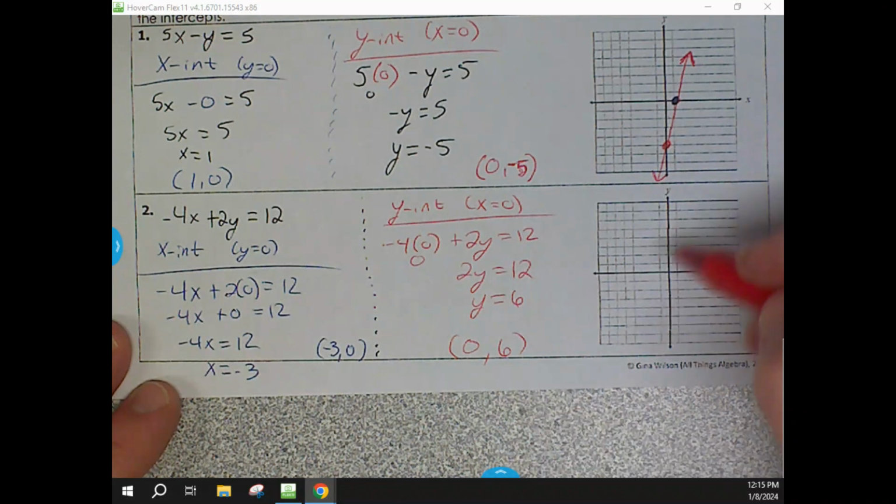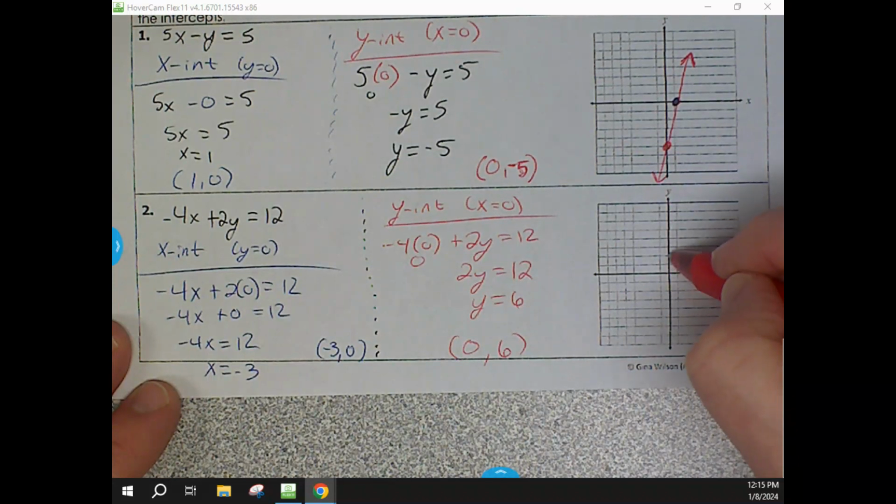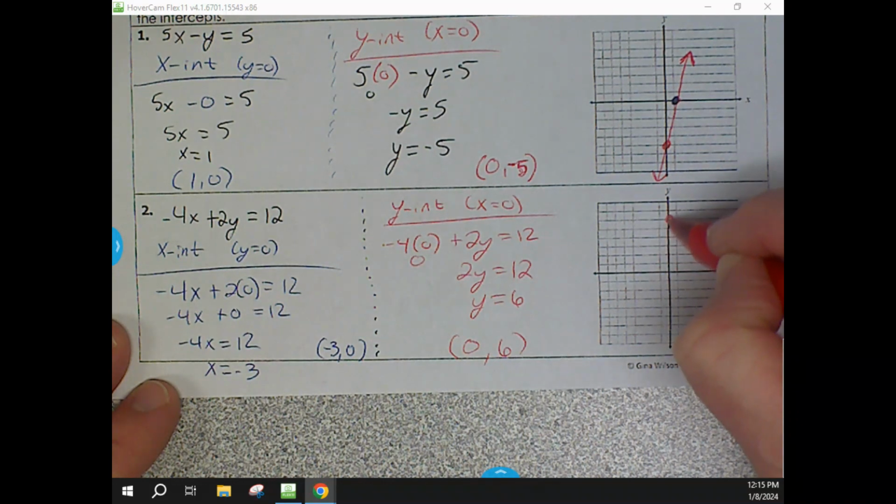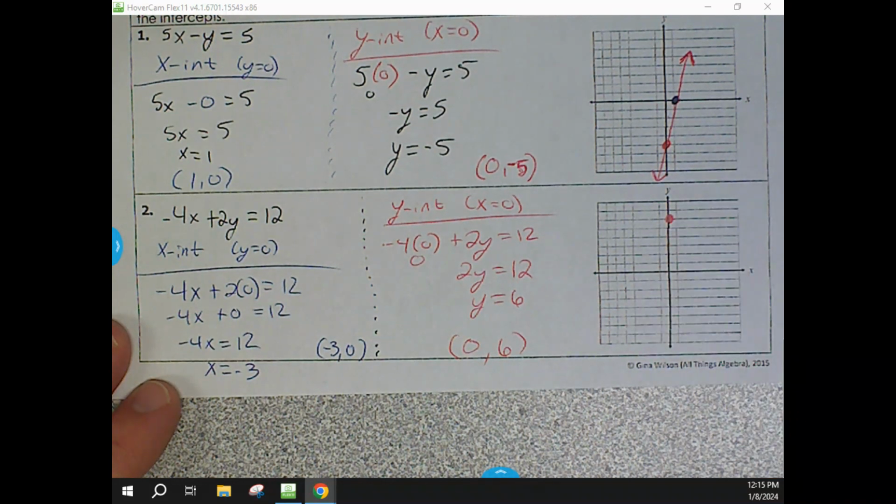Okay, so 0, 6 should take us up here. 1, 2, 6. 0, 6 would put us up here. And then x is negative 3.